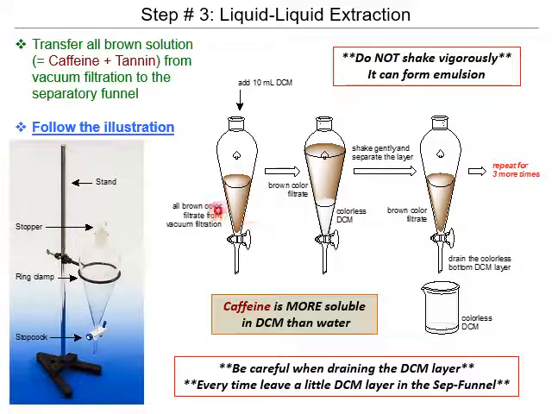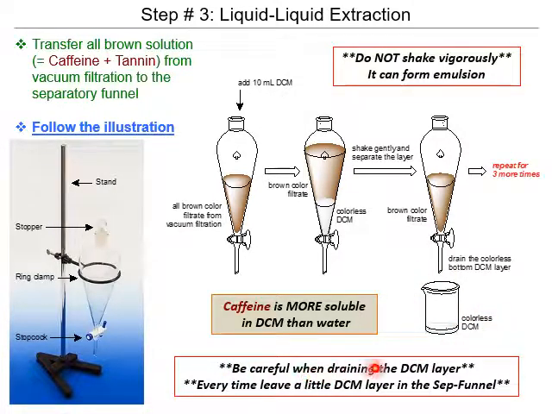You're essentially washing this filtrate and getting rid of the caffeine, which is the thing you want. Every time you add 10 mLs of DCM, you put the stopper, you shake gently, and again, once you put it in the ring clamp, you'll see that the two layers separate, and then you drain the DCM layer again, and this is what you keep accumulating.